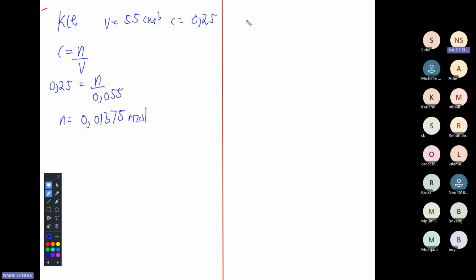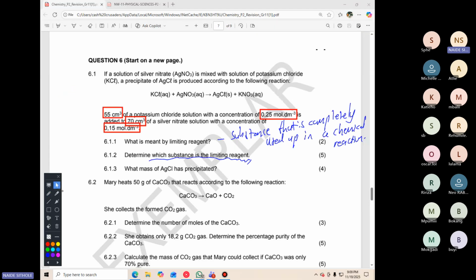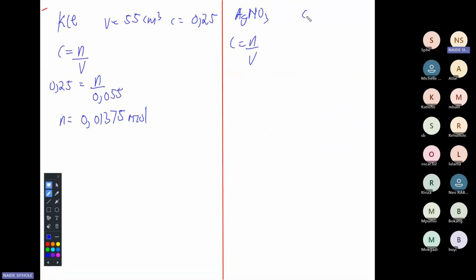And then we can go to AgNO3. C equals n over V. Our concentration is 0.15 mole.